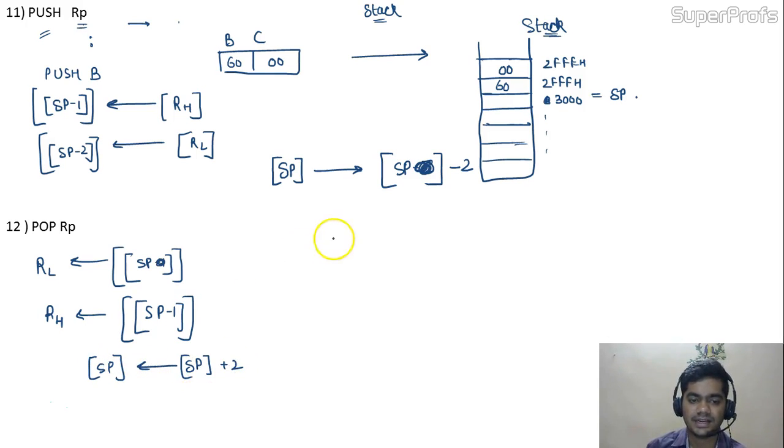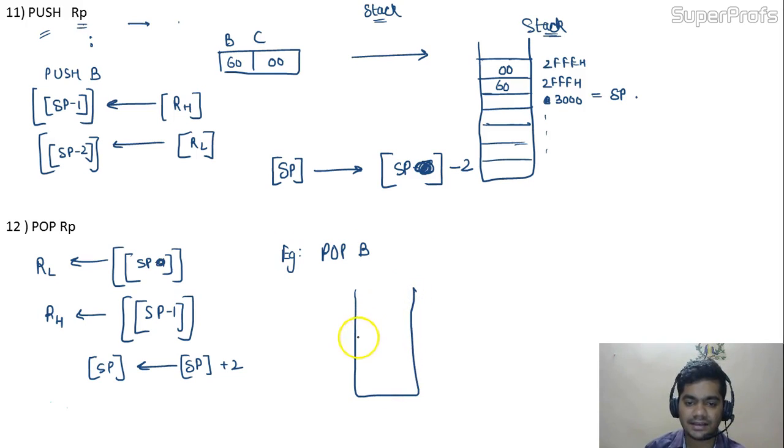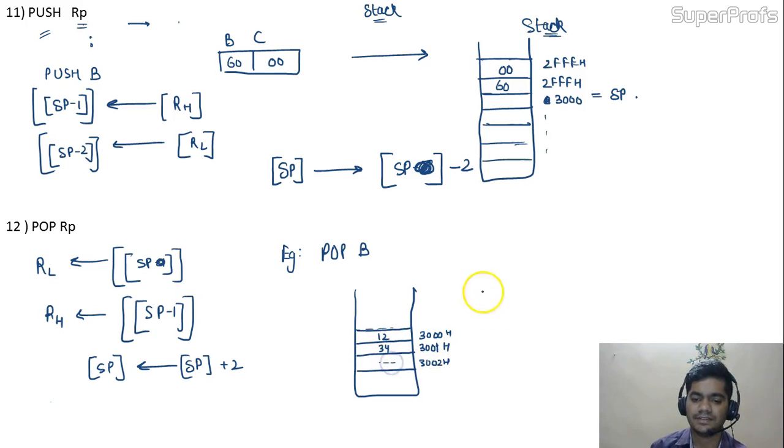So to understand using an example, suppose we are taking the example POP B, and we are showing a stack with 3000 H, 3001 H, and 3002 H. Here 12, 34 and some data is present.